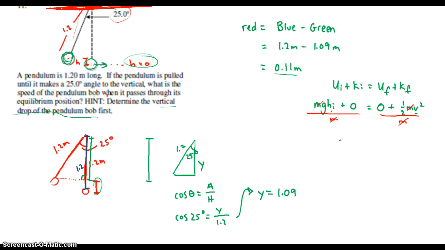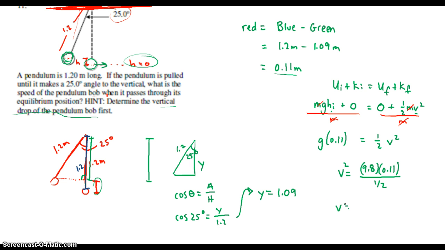We have g times your initial height, which we just found was 0.11, is equal to 1/2 v final squared. g is 9.8, so we can rearrange and say v squared is equal to 9.8 times 0.11 divided by 1/2.